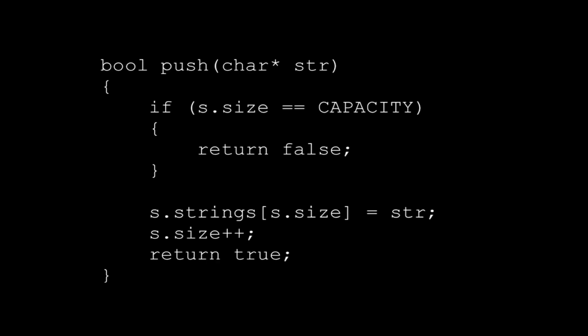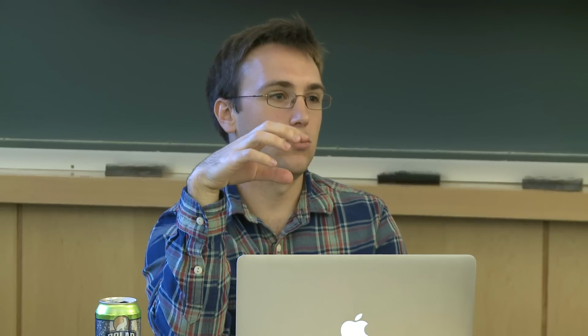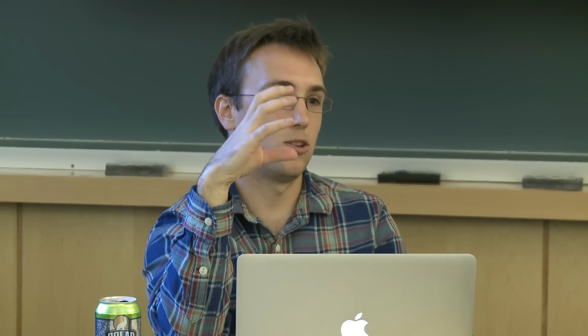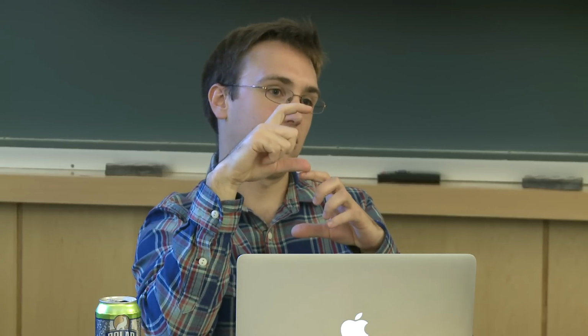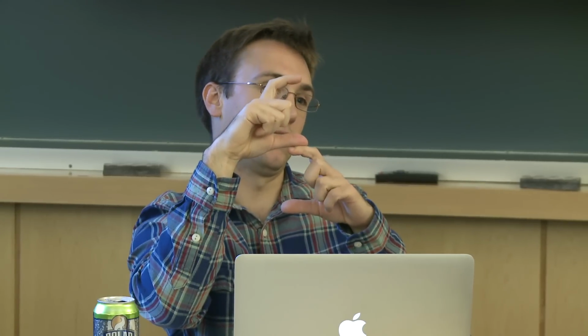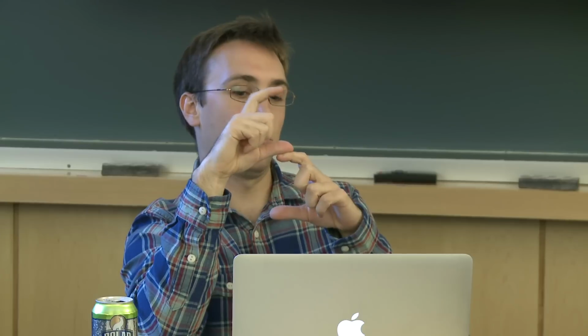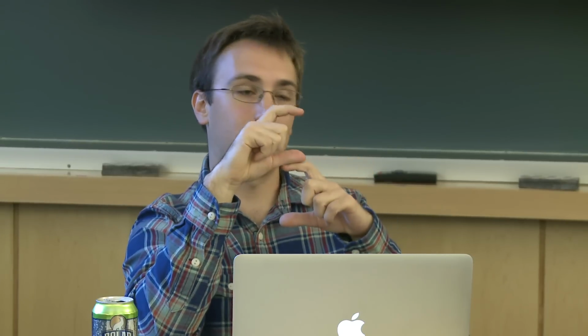It's the new top of the stack, right? Whereas in pop, s.size is the space that's on top of all the elements in your stack. So the topmost element isn't at s.size, but rather it's beneath it.